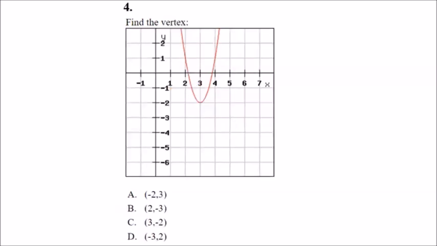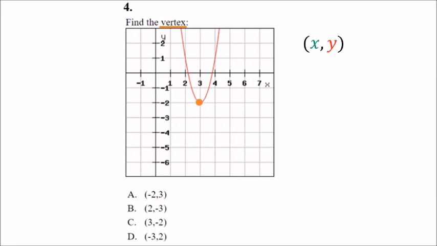Number 4. Number 4 says find the vertex. Our keyword is vertex. Vertex is the MVP of quadratics. There's a lot of important things that happen at the vertex. But when we're talking about the vertex itself, we're talking about this exact point in which the graph changes directions. And since it's a point, it needs to be written as an ordered pair.